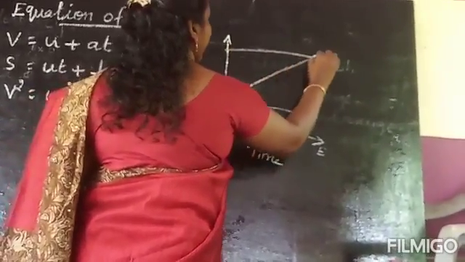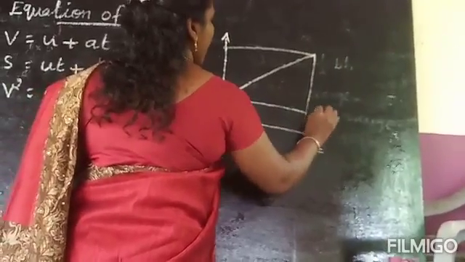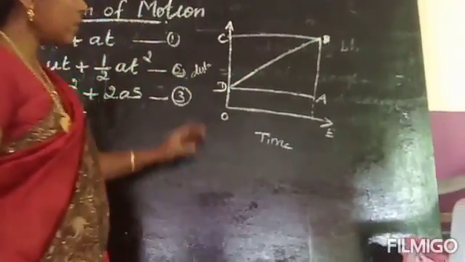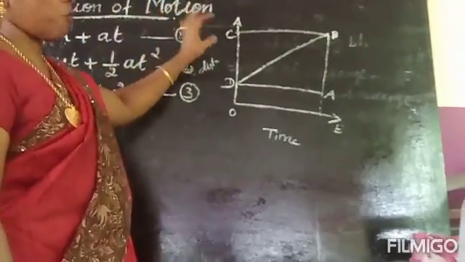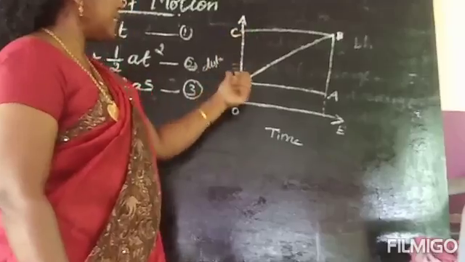You get a straight line. This is A, B, C. Now this is the diagram, the graph of the equation of motion. So A, B, C, D.